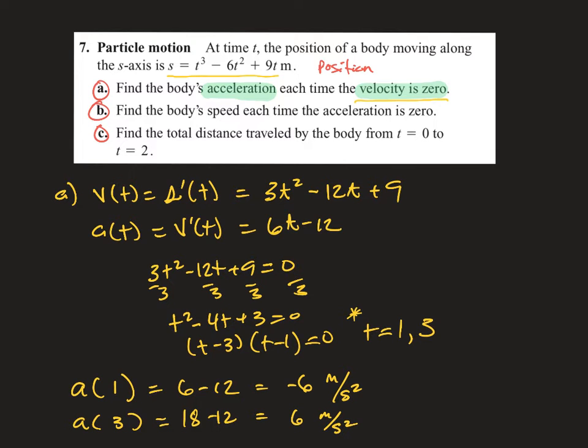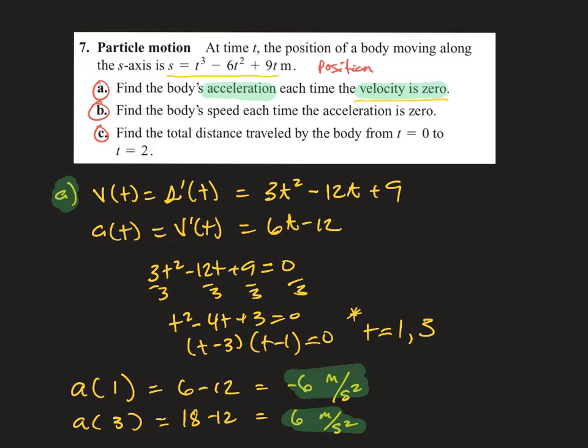So the acceleration at 1 is negative 6 meters per second squared, and the acceleration at 3 is 6 meters per second squared. And that's the answer for part A. We found the body's acceleration each time the velocity was 0.